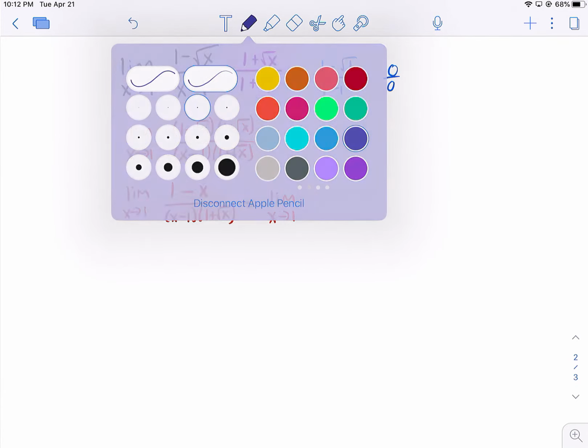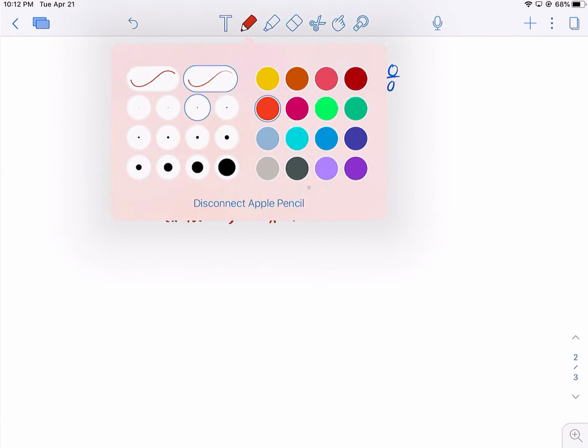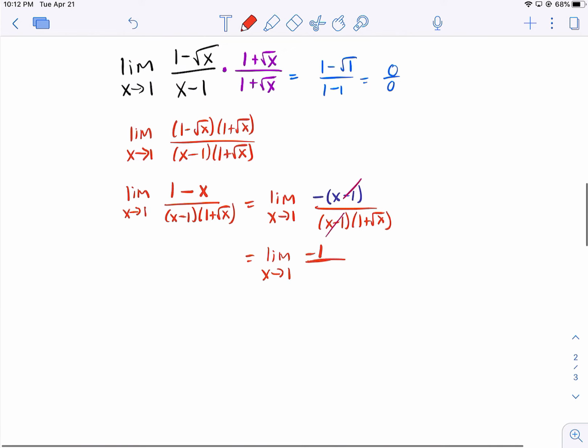So this is the same as negative x minus 1, factor out the 1, over x minus 1 times 1 plus square root x. So now I can cancel out the factor, and this becomes the limit as x goes to 1 of -1 over 1 plus the square root of x.